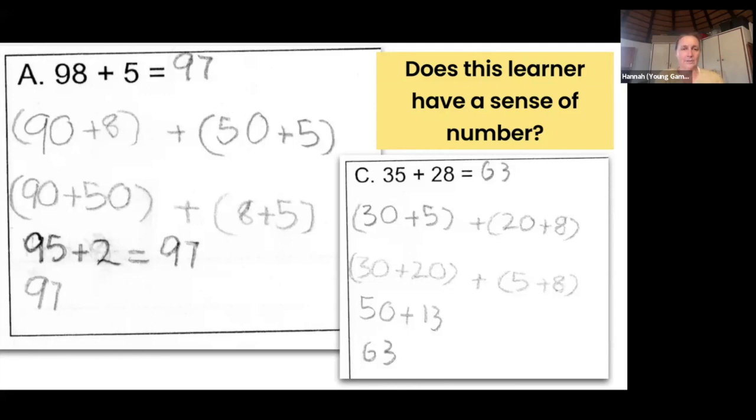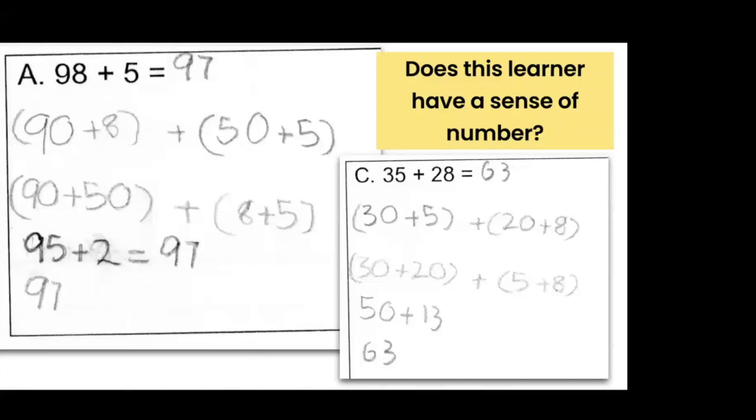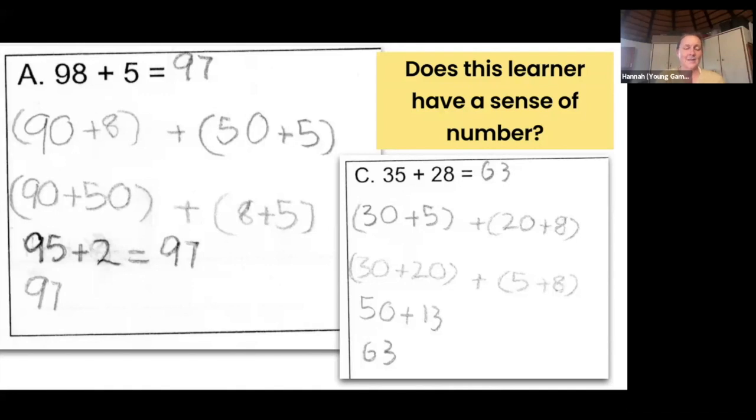So they just made up one, 55, and then followed, of course, the same procedure, and then again got into trouble with the 90 and 50 and decided that it should be 95. I'm not actually sure what happened there. And I think 8 plus 5 they perhaps thought was 12 instead of 13. I'm not sure. But you can see how quickly it can go horribly wrong with a learner that you think actually knows what is going on.